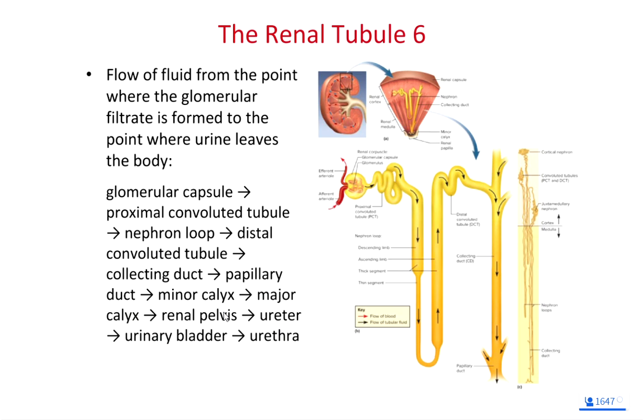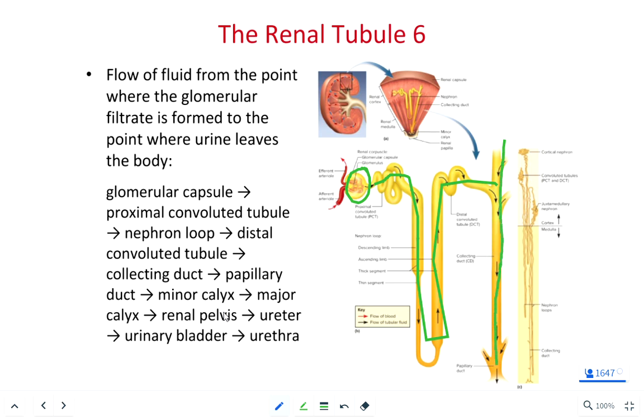At this point, once we leave the collecting duct, so we have the filtrate starting in the renal corpuscle or Bowman's capsule. Filtrate travels through all the tubes, gets to the collecting duct. We still call it filtrate as it's heading down the collecting duct, but once we physically get to the end of the collecting duct, we rename the liquid urine.